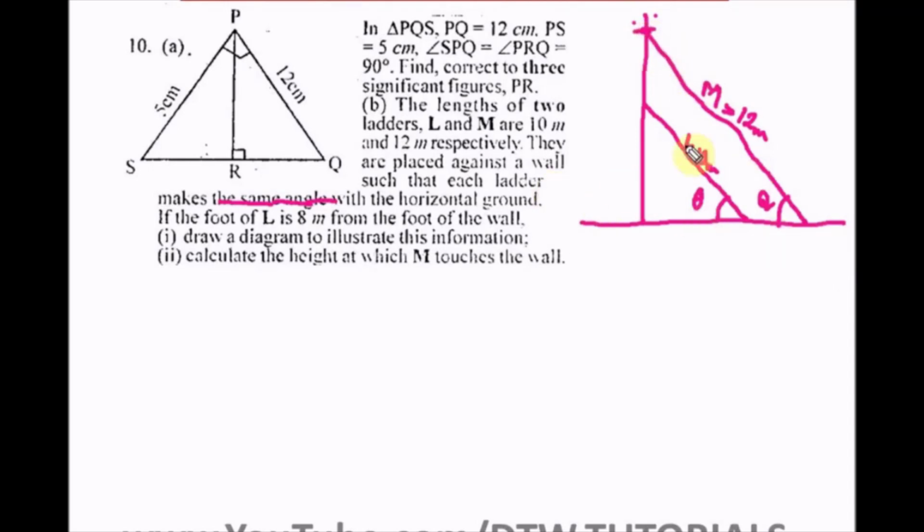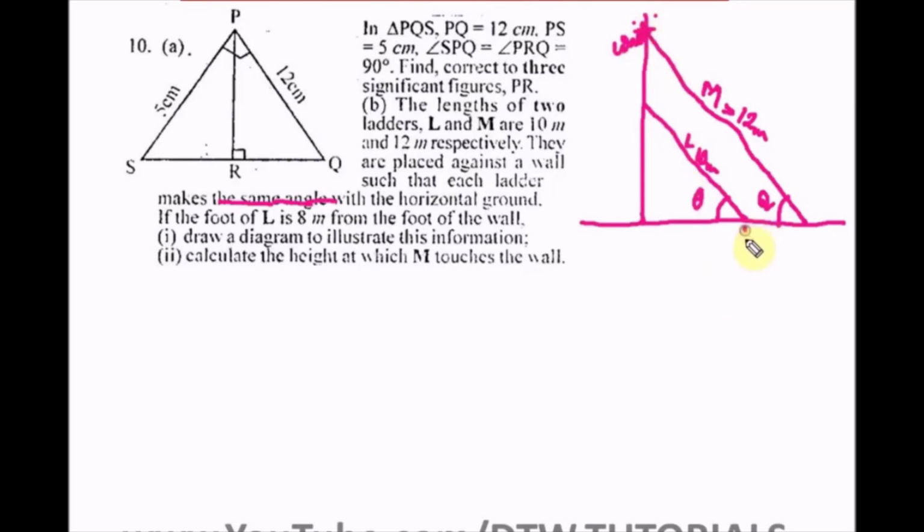And again it says if the foot of L, this is L, is 8 meter from the wall. This is our wall. You write, this is the wall. Please label all your diagram.